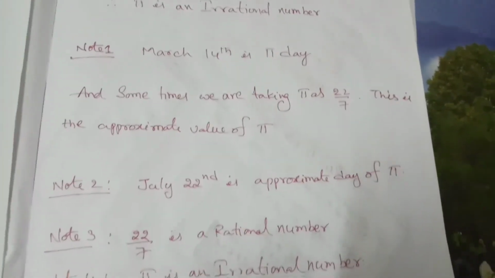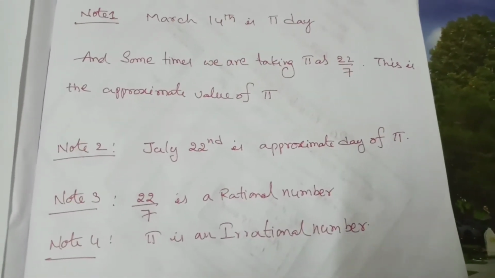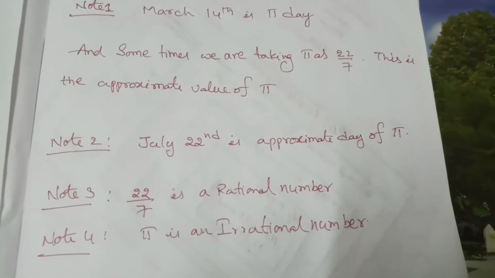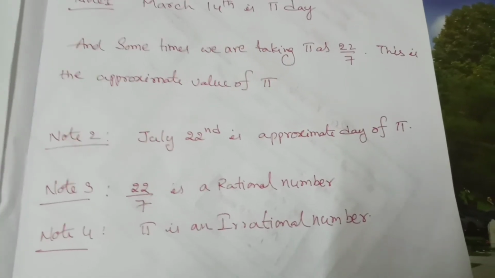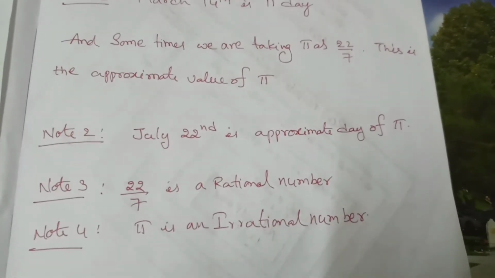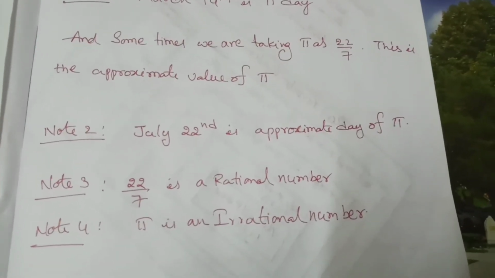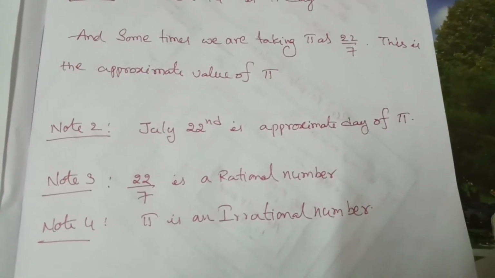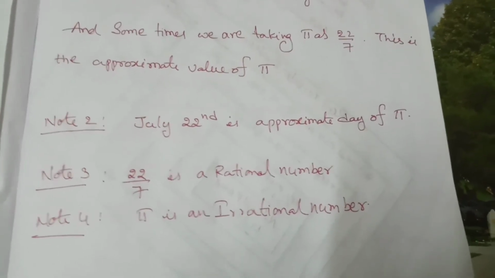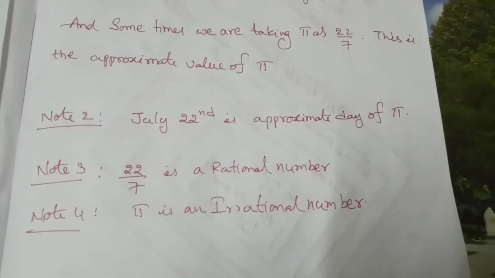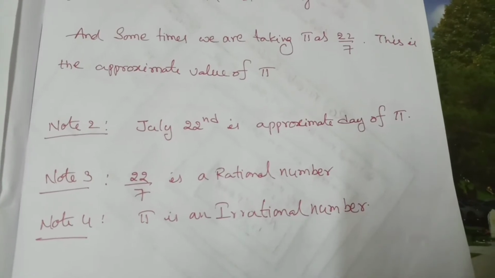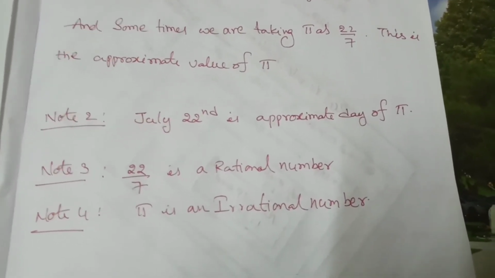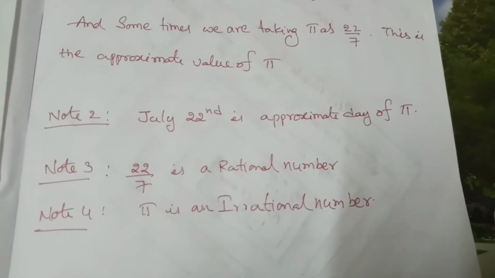And sometimes we take the value of pi as 22 by 7. This is the approximate value of pi. So July 22nd is Pi Approximation Day. So here we observe two key points: 22 by 7 is a rational number and pi is an irrational number.